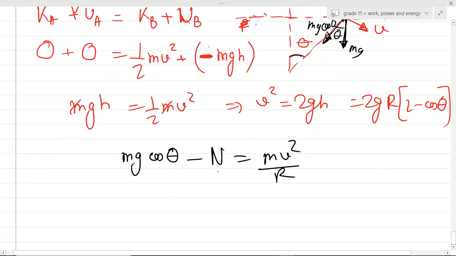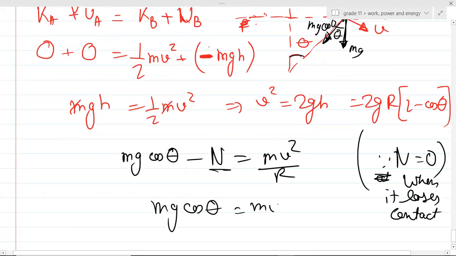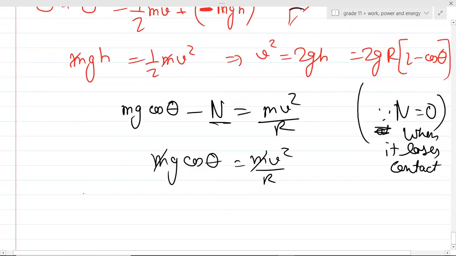So in this way, make n equal to 0. So mg cos theta is equal to mv square by r, and the m will again get cancelled.